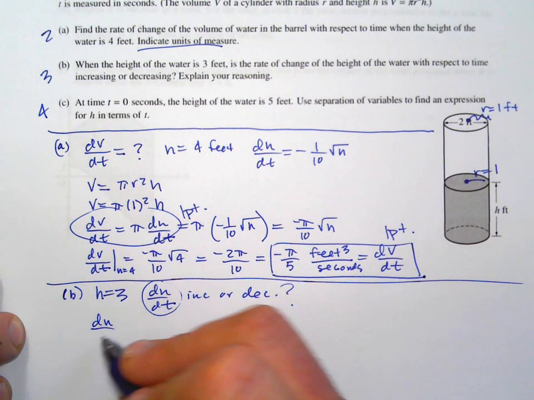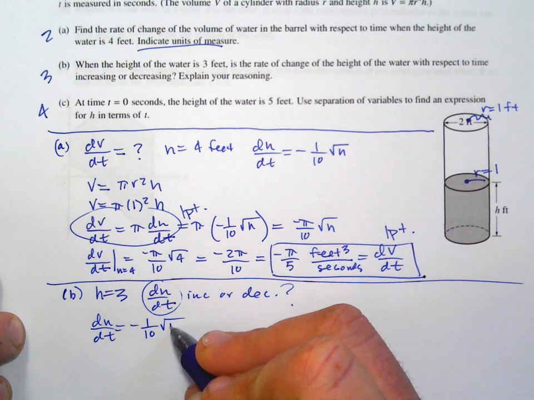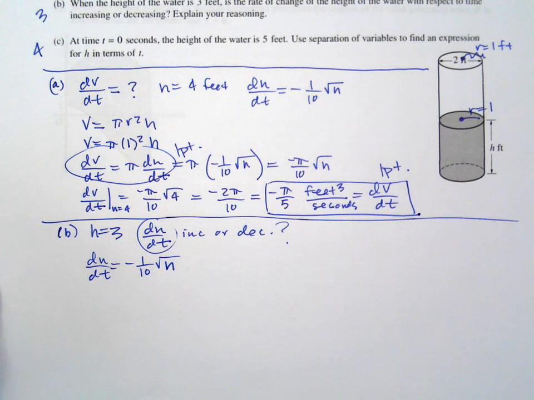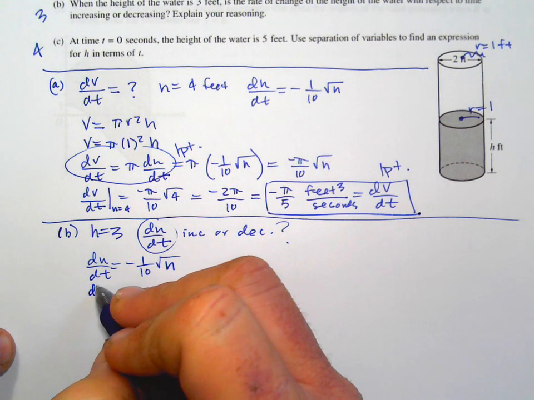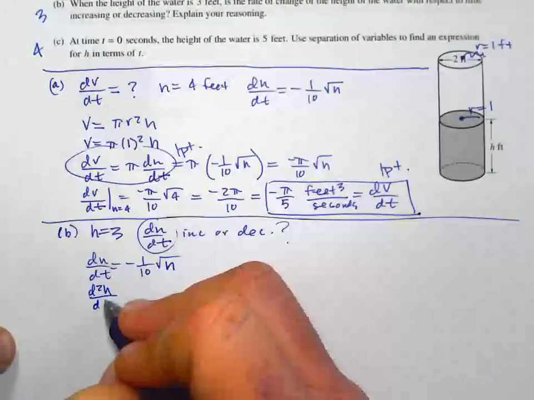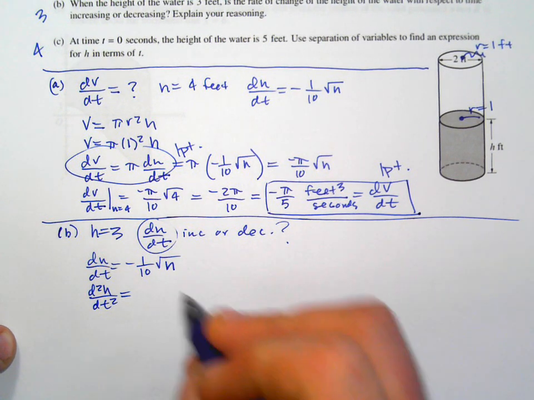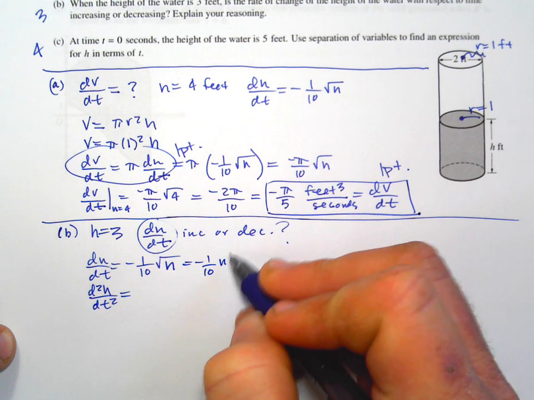So I'm just going to write down what dh/dt is real quick, which they gave us. I think it would be too easy if they just said, is the height increasing or decreasing, because you just plug h in and be done. But that would only be worth like 1 point if that were the case. But we have to take the derivative of h. So we're essentially getting the second derivative of h. And this is -1/10 h to the 1/2.